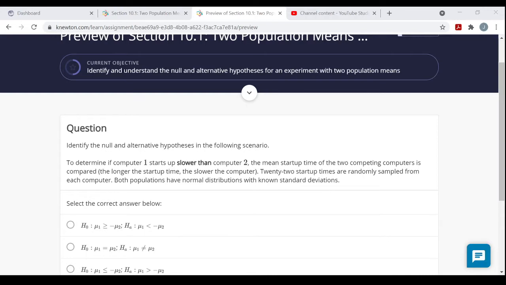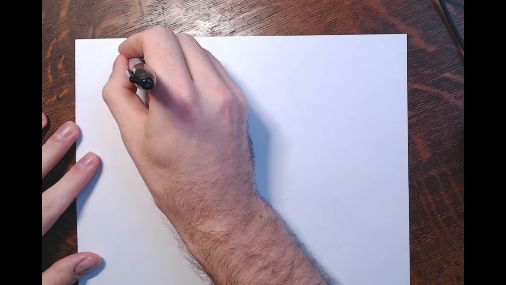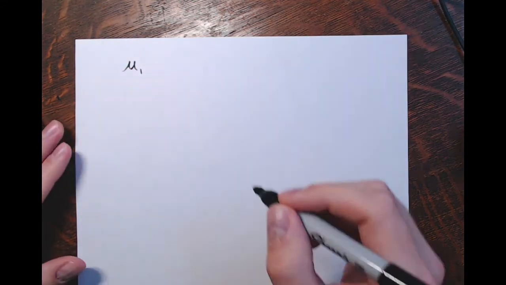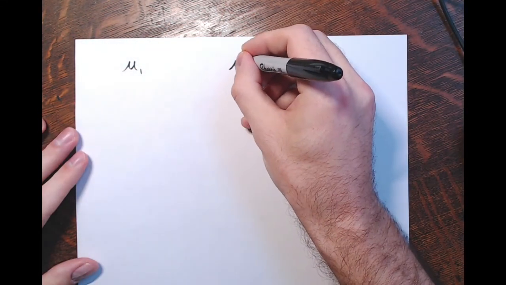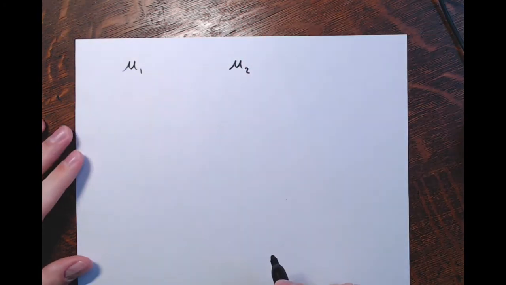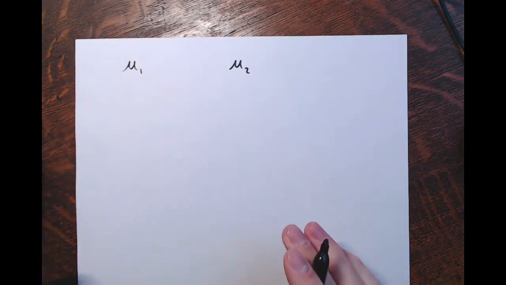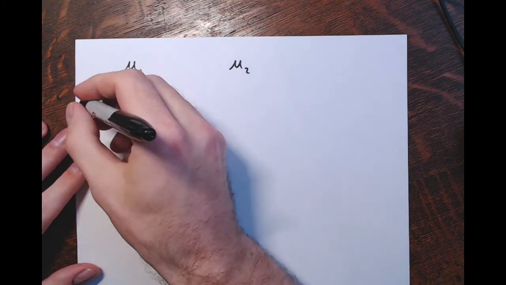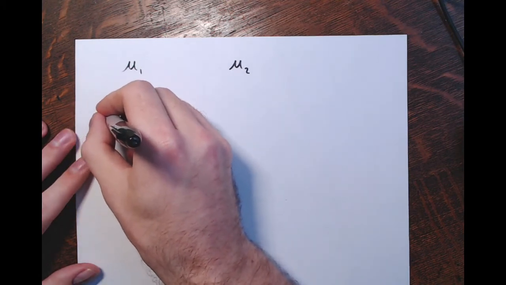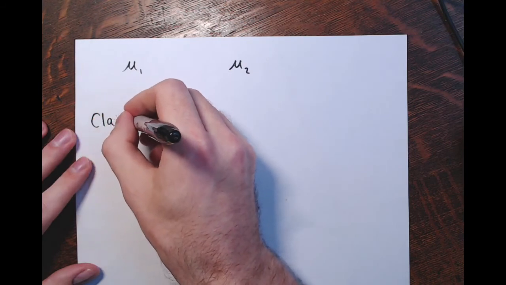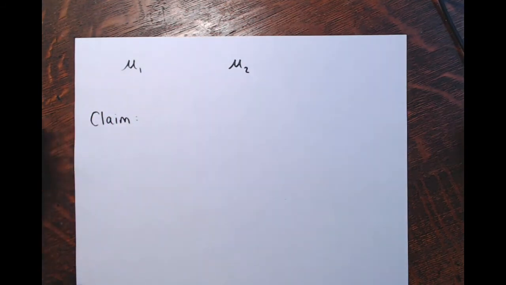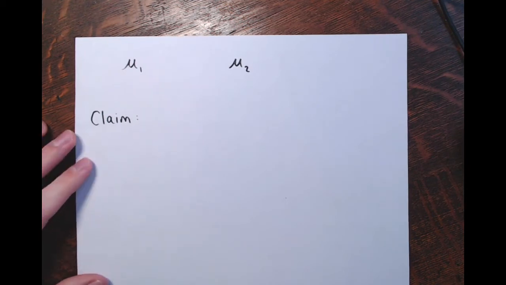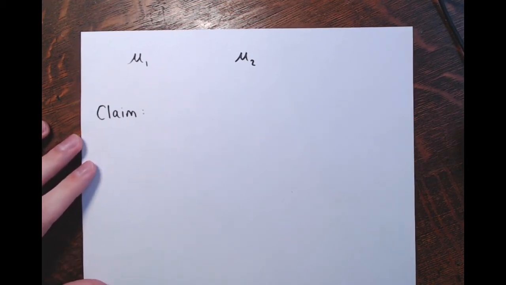Alright, so again, very similar to the last video, mu1 is the mean startup time for computer 1 versus mu2, the average or mean startup time for computer 2 models. And as with every hypothesis test, there's some sort of claim or belief being determined in the scenario.